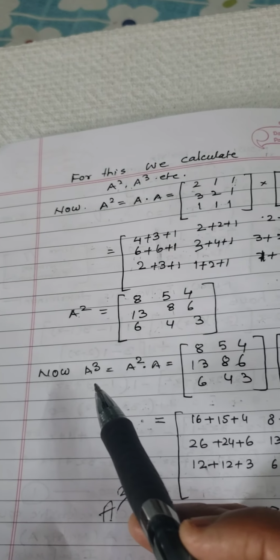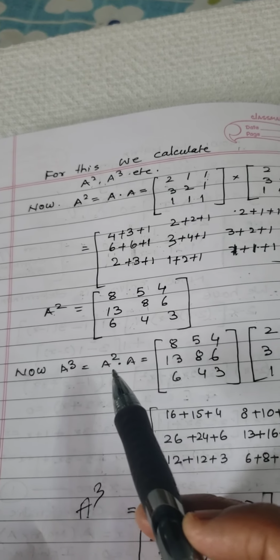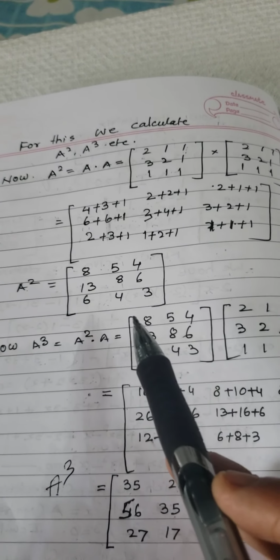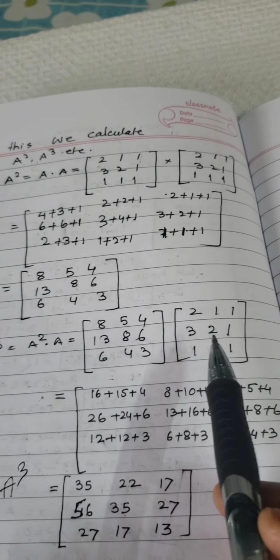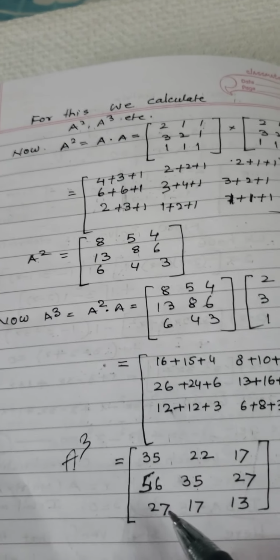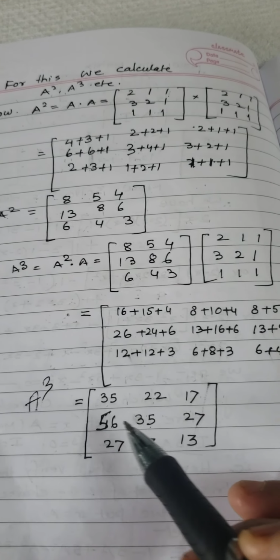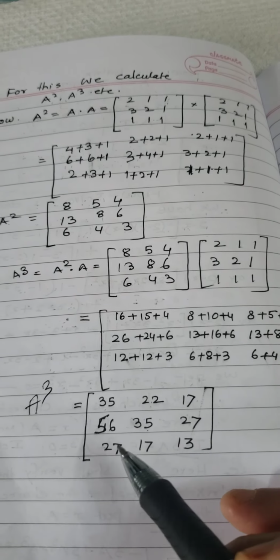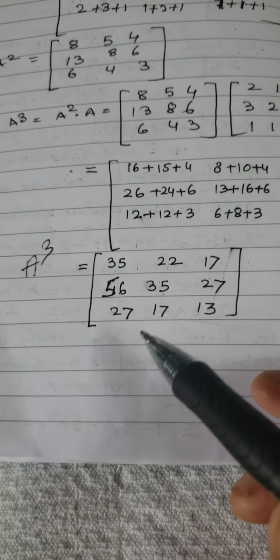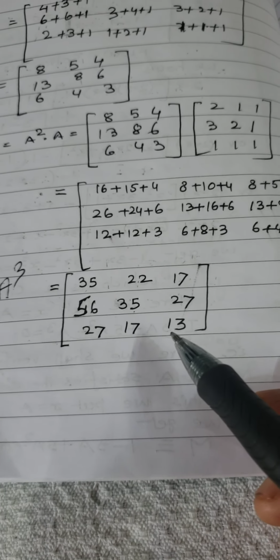Similarly we can find A cube, that is A square into A. Already found A square, simply multiply with the matrix A. After calculation, we get A cube as [35 22 17; 56 35 27; 27 17 13].